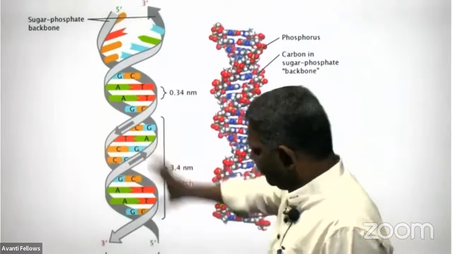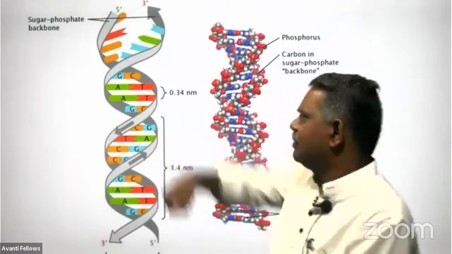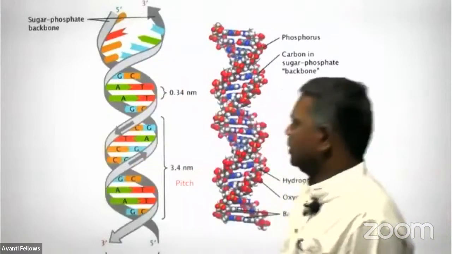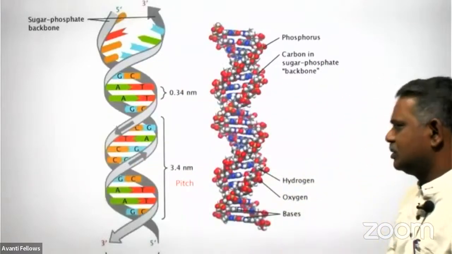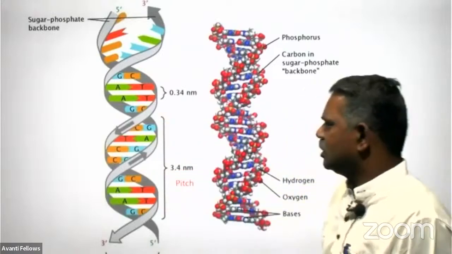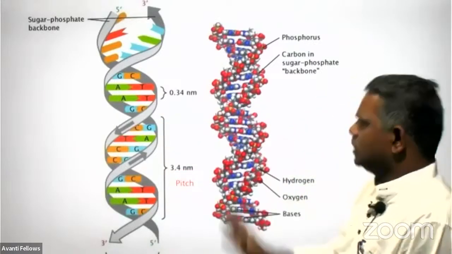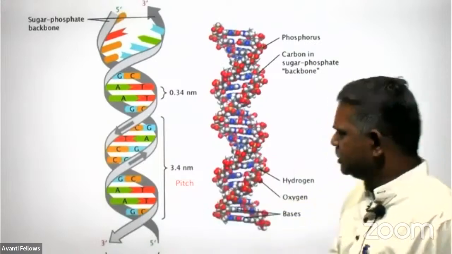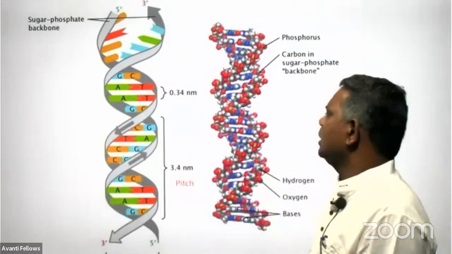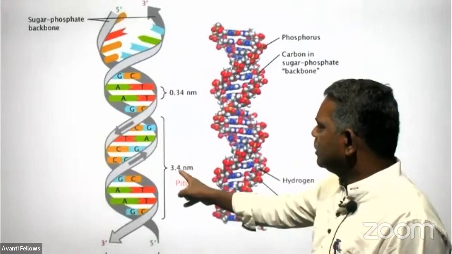And we can see the coiling of the DNA. And this is called one pitch. Pitch of the DNA. One coil of DNA is one pitch.